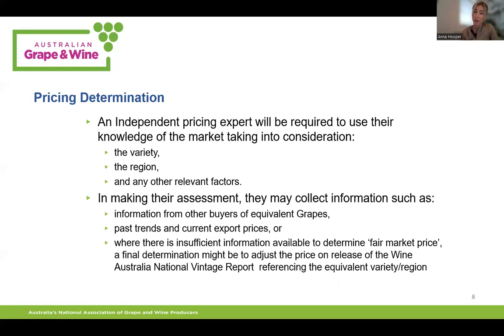They may also consider past trends and current export prices. Sometimes there may be insufficient information available to determine a fair market price. And in this case, a final determination might be that the price will be adjusted subject to the release of the National Vintage Report, which comes out from Wine Australia typically around July.